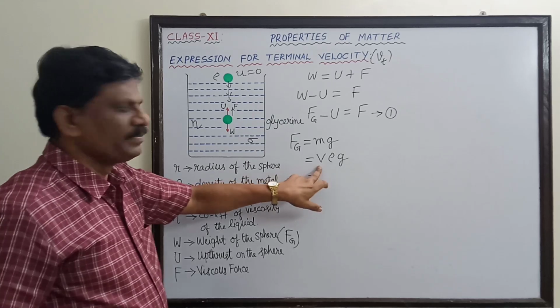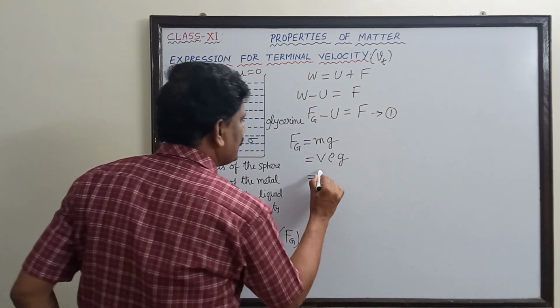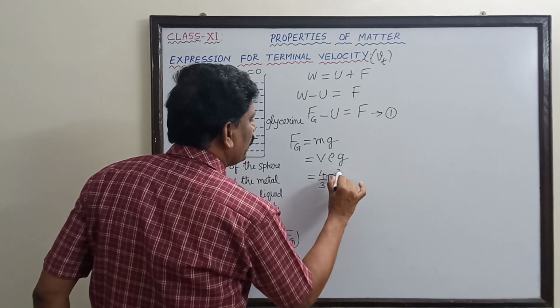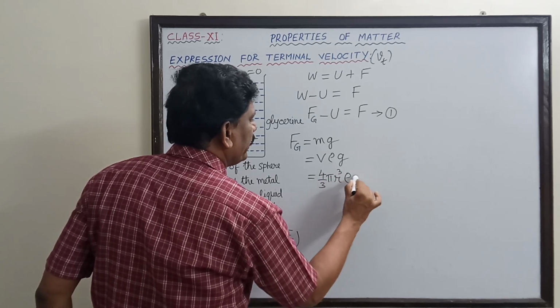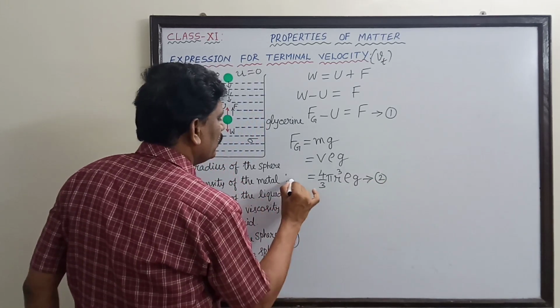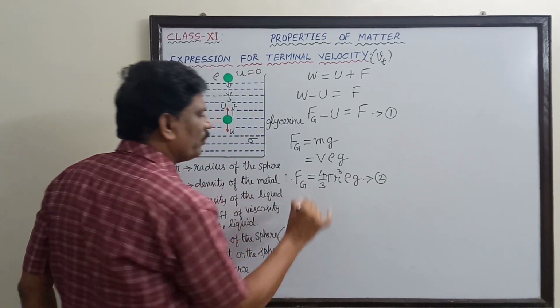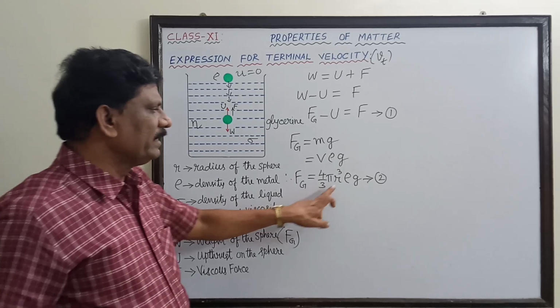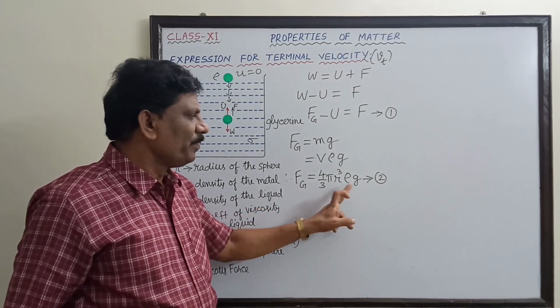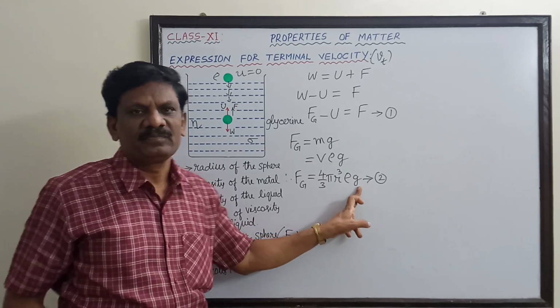So, substituting the volume of a sphere, it is 4 by 3 pi r cube into rho into g, and this is expression number 2. Therefore, Fg is equal to 4 by 3 pi r cube into density rho into g.